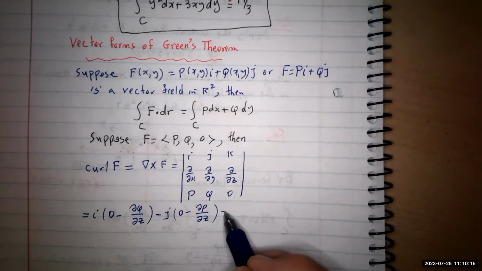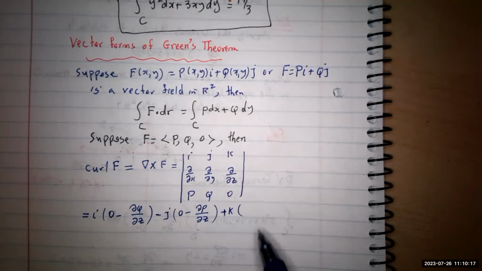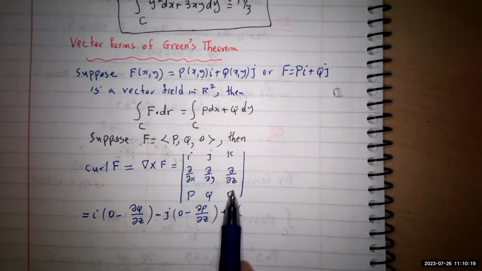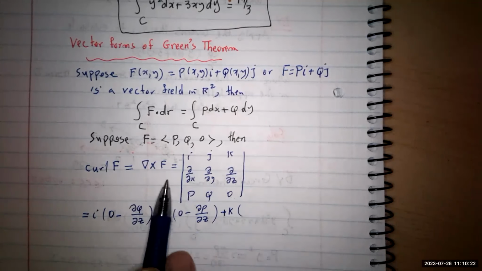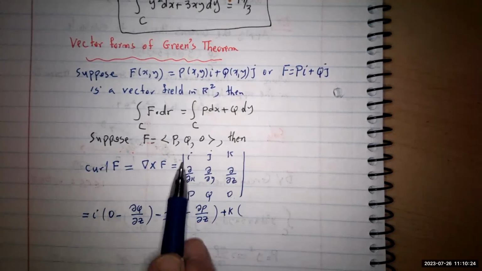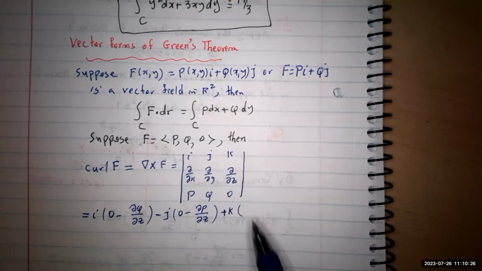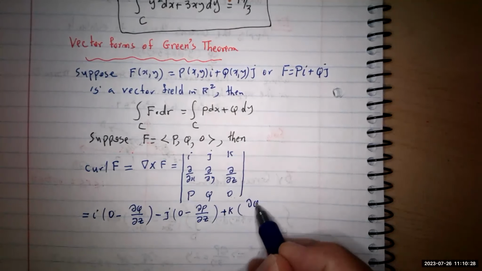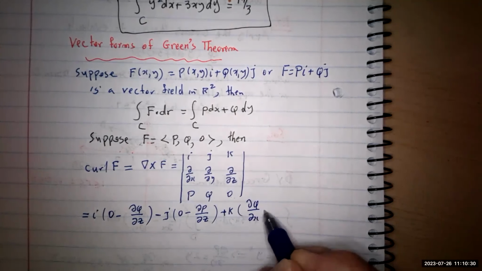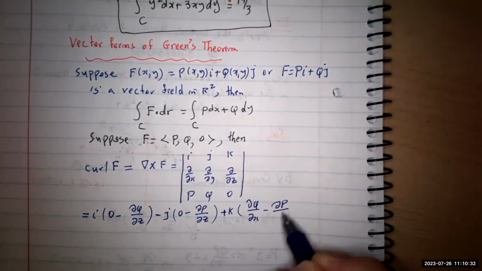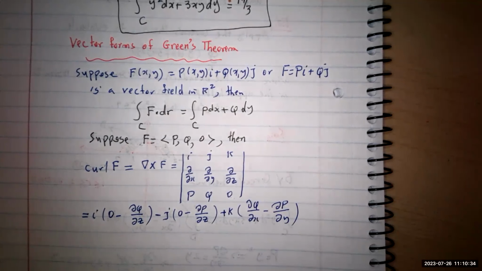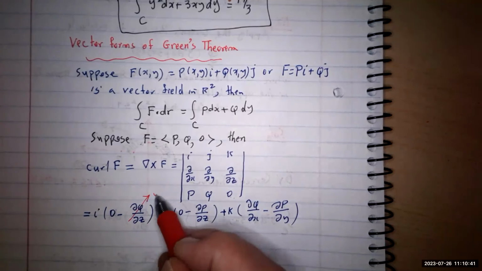And the last part, you are going to have K times. You eliminate the first row and the last column, so that gives you the partial derivative of Q with respect to X, minus the partial derivative of P with respect to Y. But you know that in this case, Q is a function of two variables. There is no Z, so this is 0.